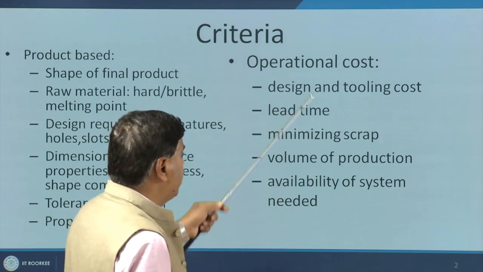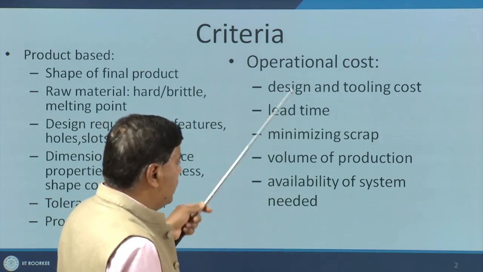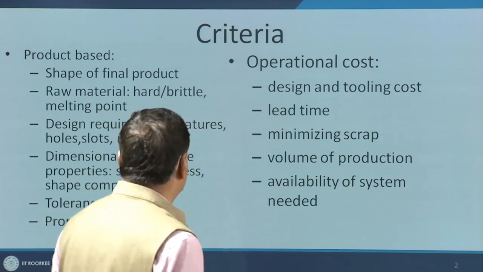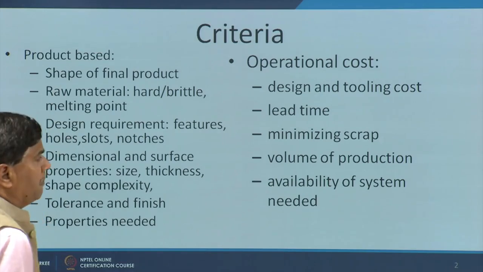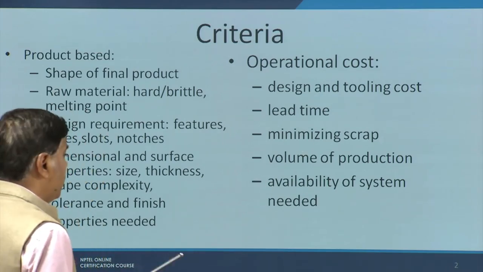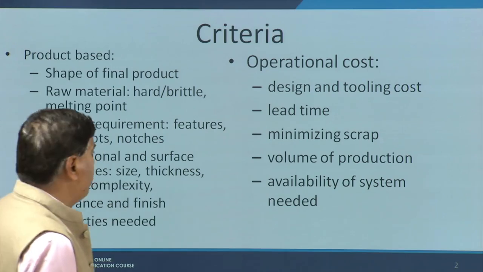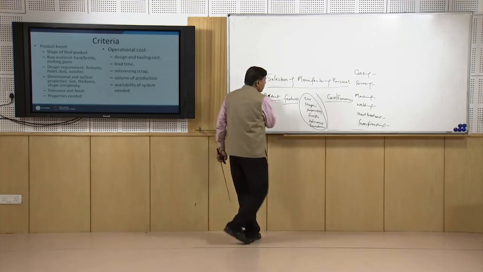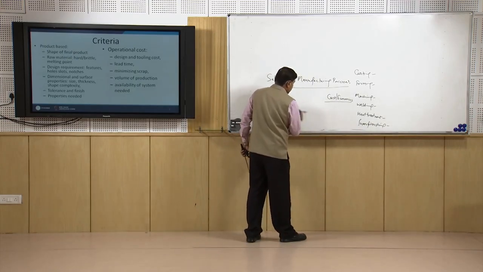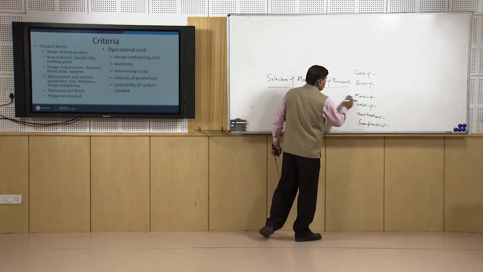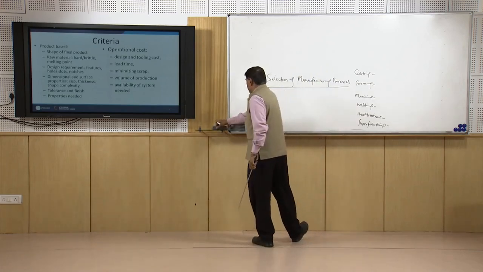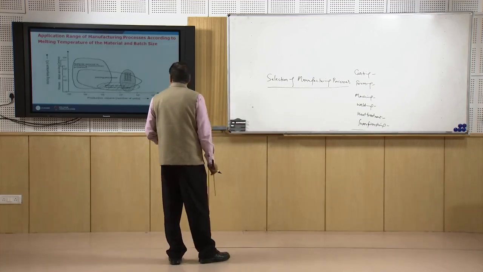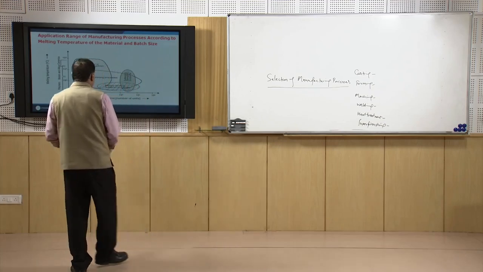These are the factors which will be determining the cost at which a given product can be made, and these are the features which will be governing the casting processes in order to realize these features in the product. So, here we will be going one by one through these aspects related with the processes and the product features which can be achieved. Here, this is one very basic diagram.